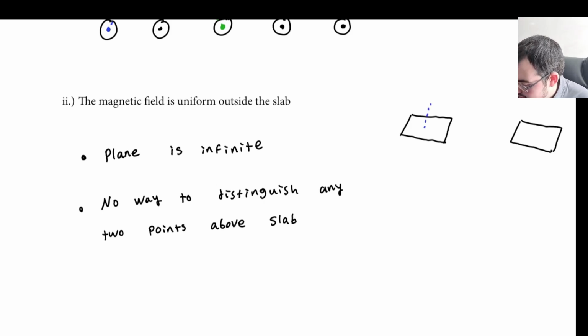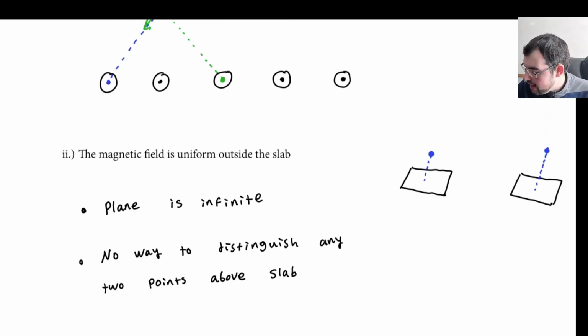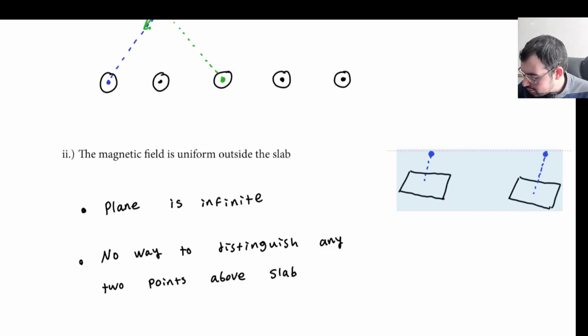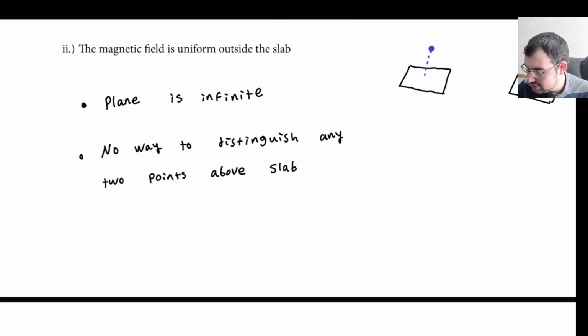Suppose I am some distance above the slab right here. What do I see? Infinite slab, right? If I'm asking someone right next to my hand here, what do you see? I see hand in every direction. Well, it's infinite. So even if I'm a higher distance above the slab, I ask this person, what do you see? I just see slab everywhere. So this picture has to look the same no matter where you are in space because it's an infinite slab.